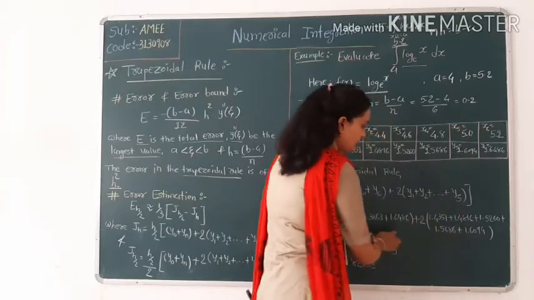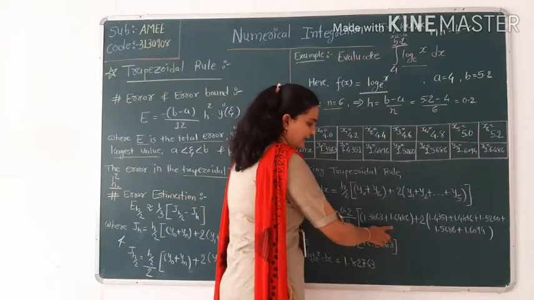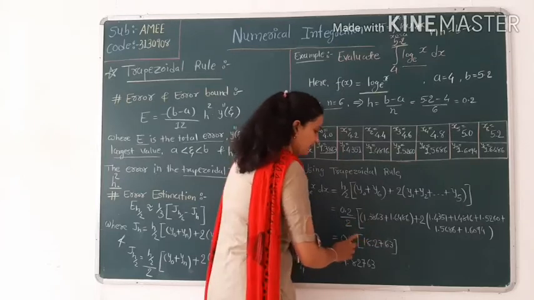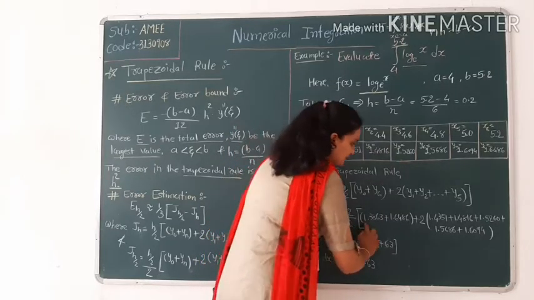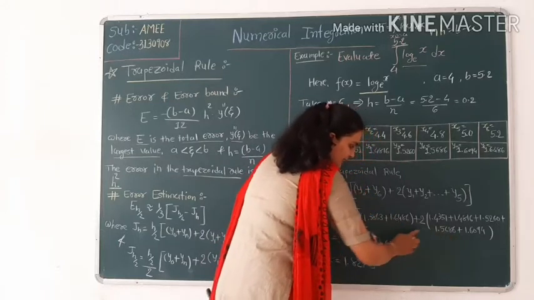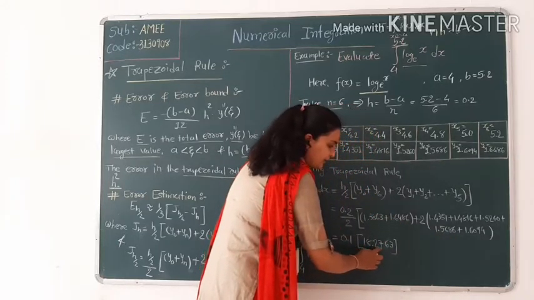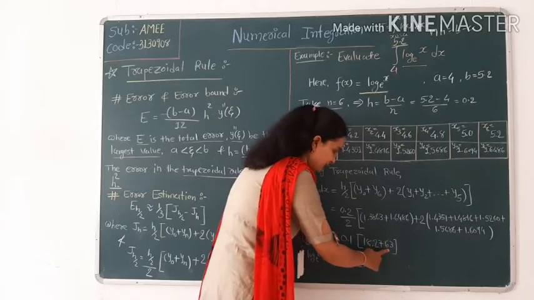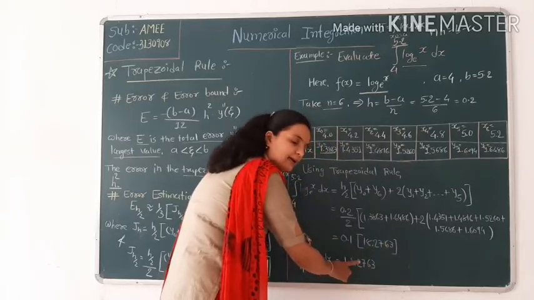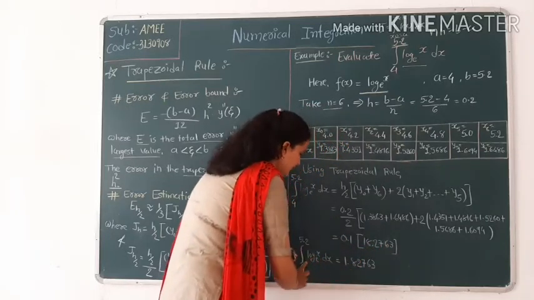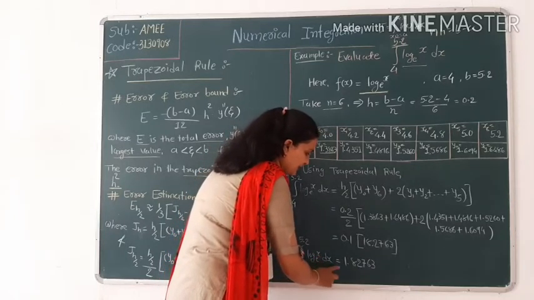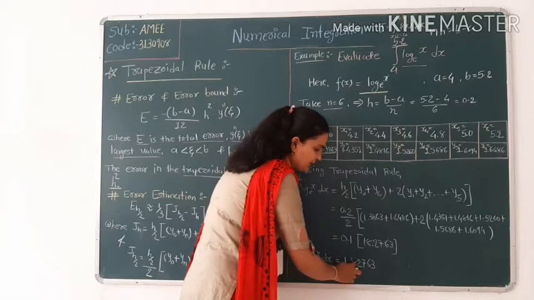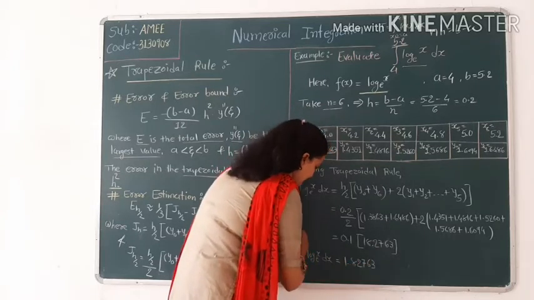Now adding all the values and calculating, we have 0.2 by 2, which is 0.1, and the sum of all the values using the calculator gives 18.2763. So the final answer using the calculator is that the integral from 4 to 5.2 of log x to the base e dx equals 1.8273.